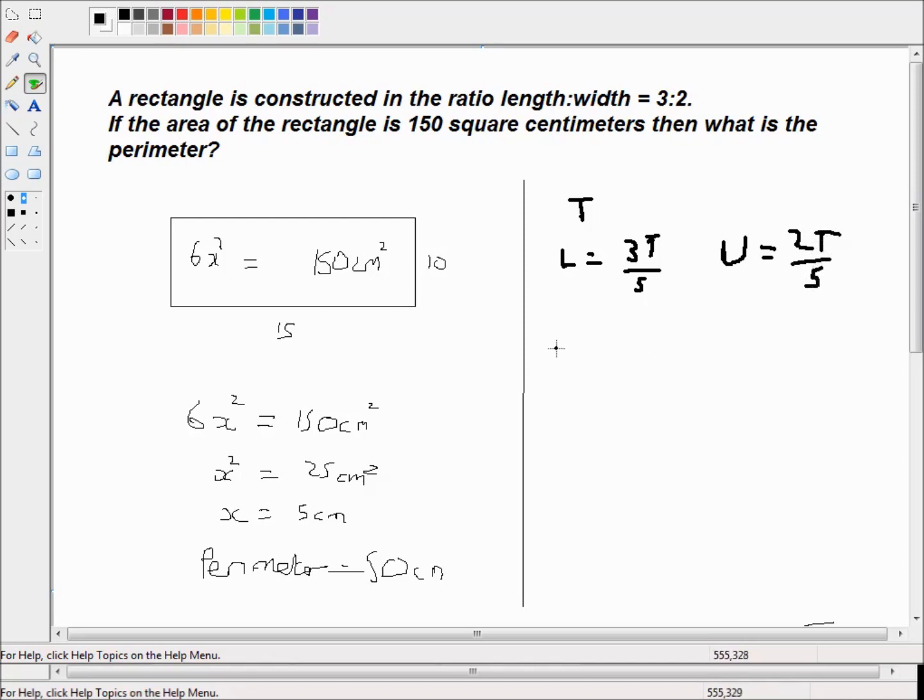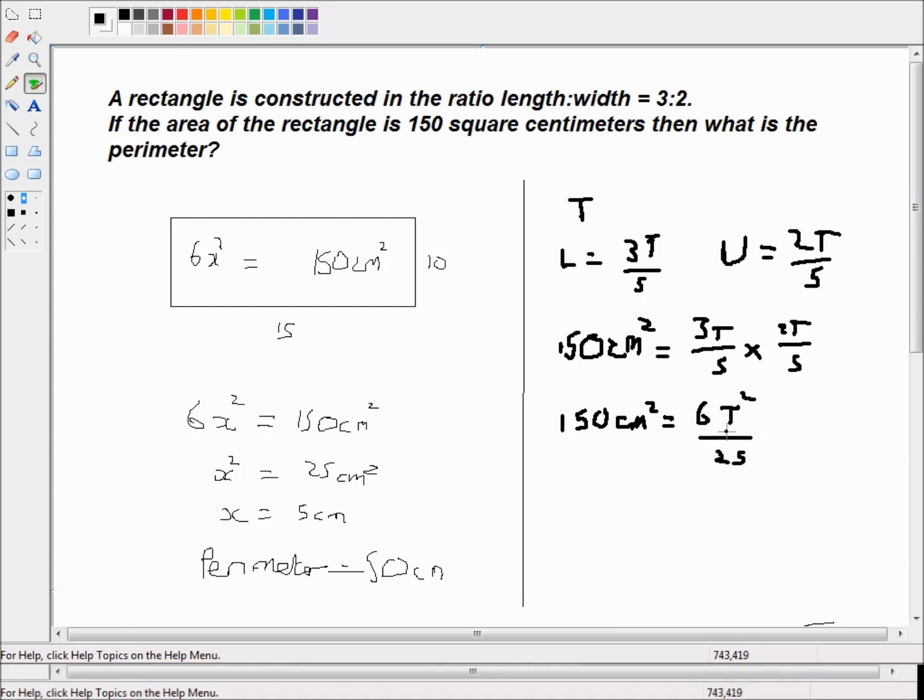So the area is 150 centimetres squared, and that's equal to the length, which is 3t over 5, multiplied by the width, which is 2t over 5. So 150 centimetres squared is equal to 6t squared over 25.